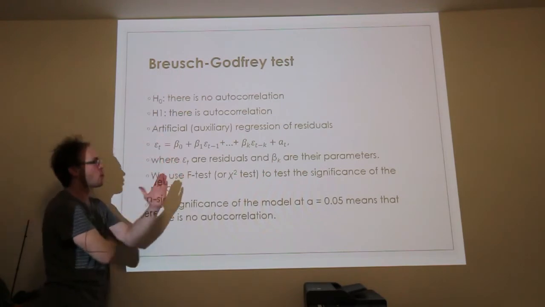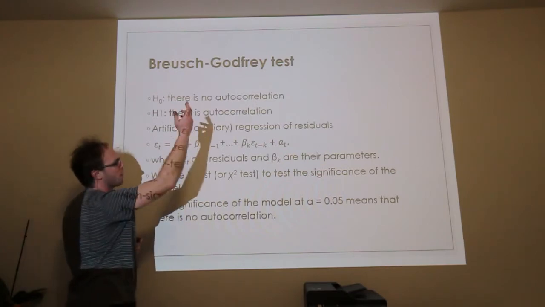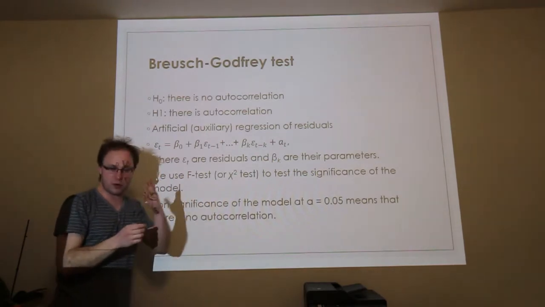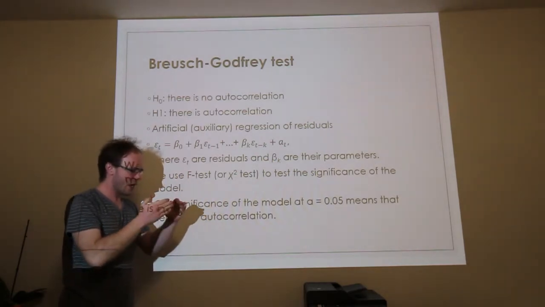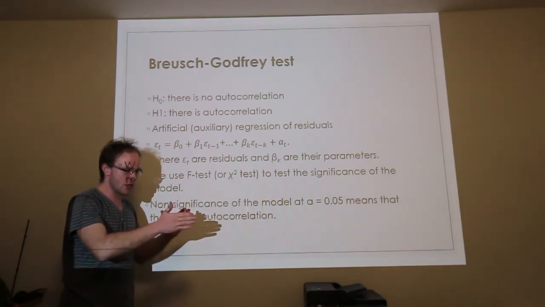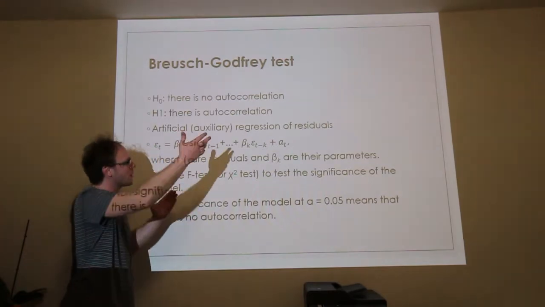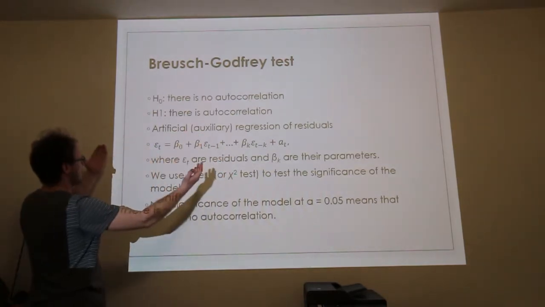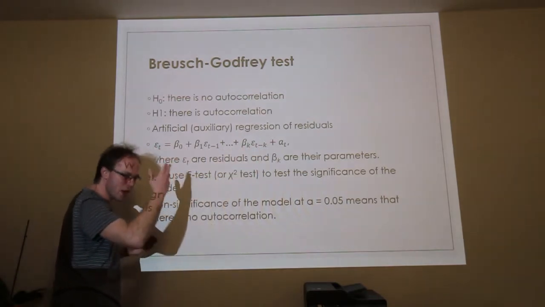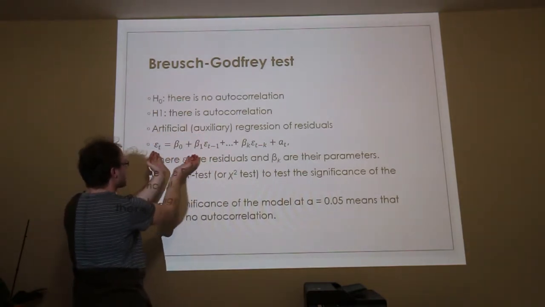The Breusch-Godfrey test is based on an artificial, or auxiliary, regression of residuals. This is a regression model based on analyzing the residual time series. We can use, for example, this simple formula, where in many cases we use only the first part.